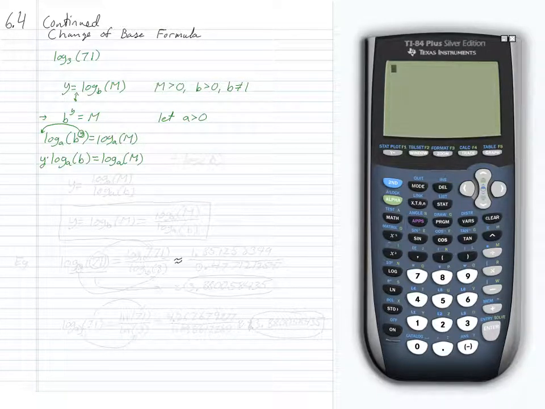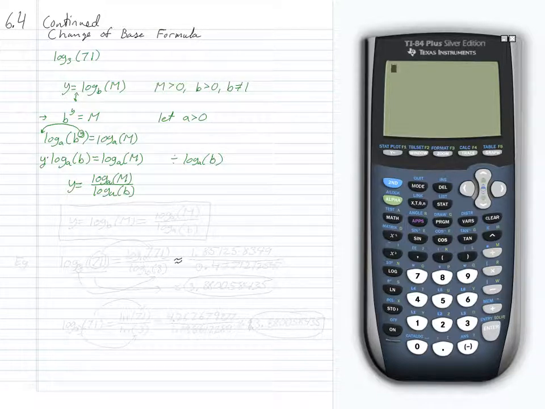From here, we can solve for y by dividing by log base a of b on both sides. So y equals log base a of m over log base a of b.